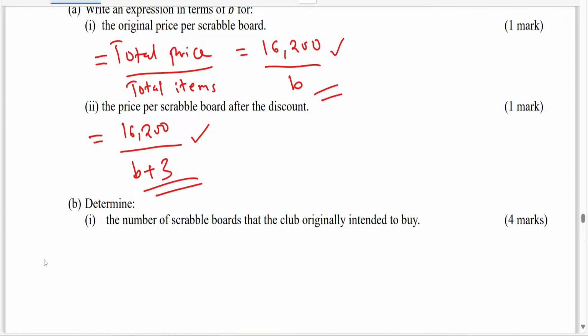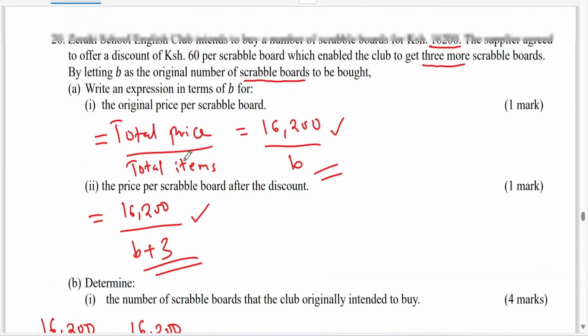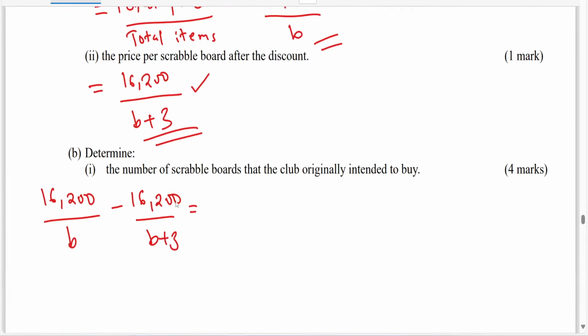So if you subtract those prices, if you take the price after the discount, you minus with the original price, it gives you the discount itself. So the original price being 16,200, hiyo ndo original price yako. Hiyo ni price yako ya kitambo. Ukisubtract na hiyo ya sahi itakupa discount yenyewe, which is if I'm not mistaken ni 60 shillings.